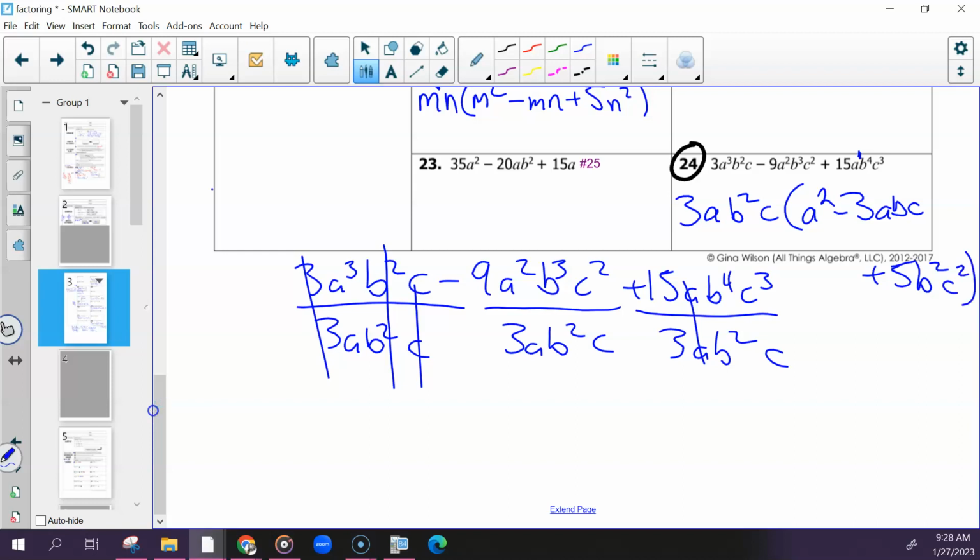Rewrite that whole answer. 3AB squared C times A squared minus 3ABC plus 5BC, B squared C squared.